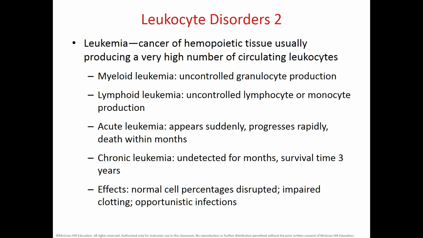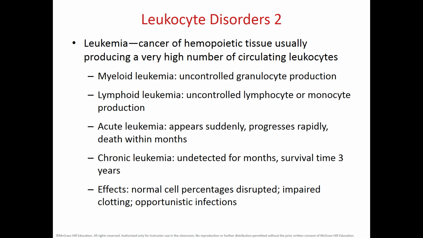So someone can have, let's say, 100,000 white blood cells per microliter. Does this make the person super immune? No, it doesn't, because actually the white blood cells that are produced by these abnormal hematopoietic stem cells are going to be defective, so they are going to be non-functional.